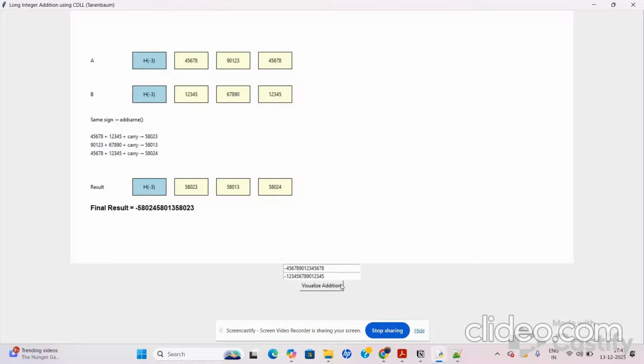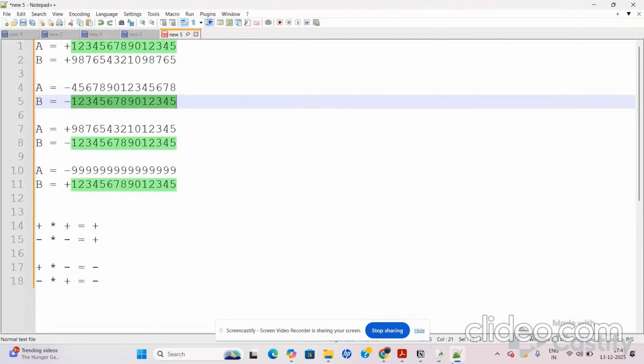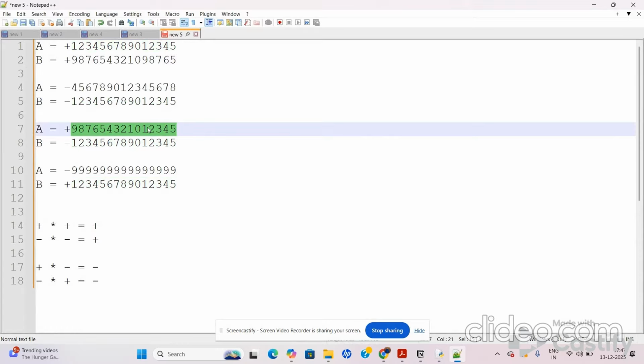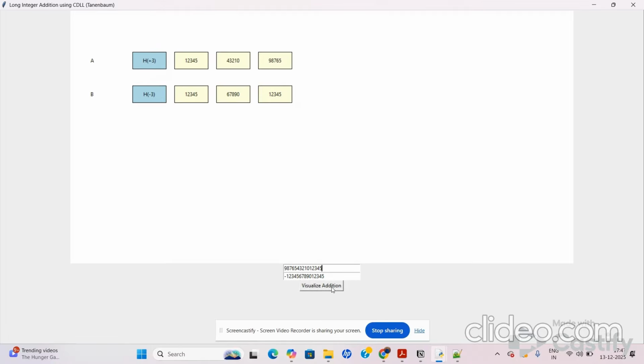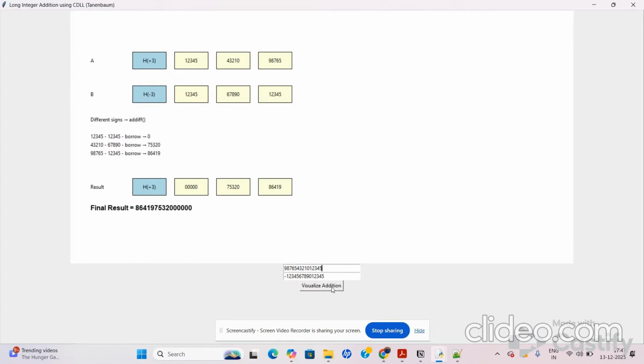Now we'll take the third case where one of them is positive and another one is negative. In this case, A is positive, B is negative, so we need to call the addiff function and the addition turns into subtraction here.